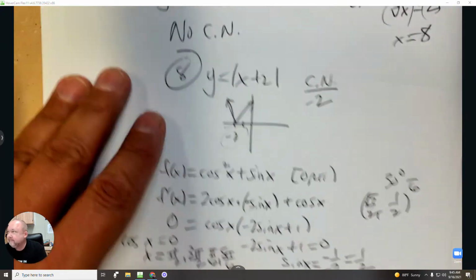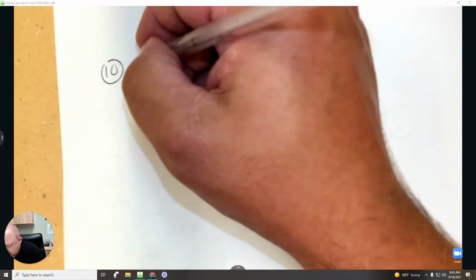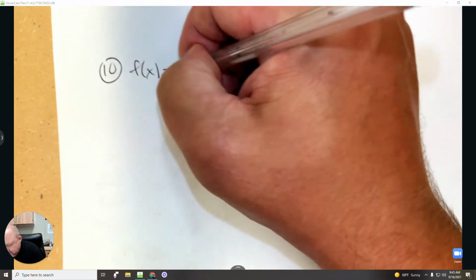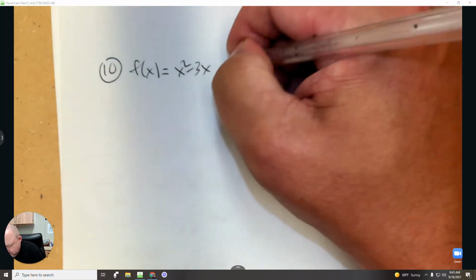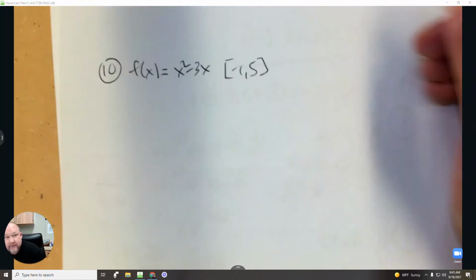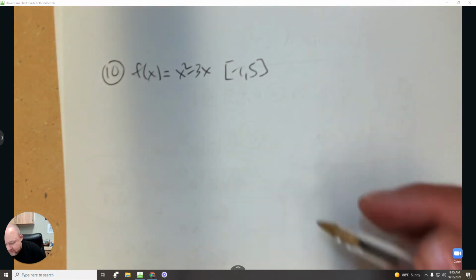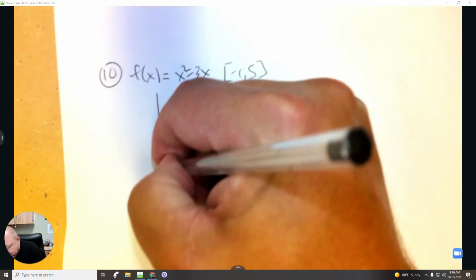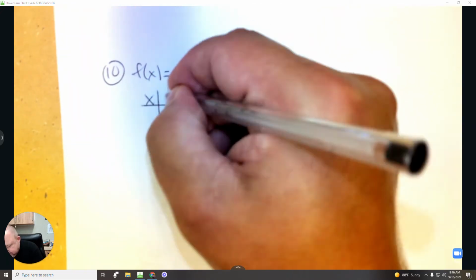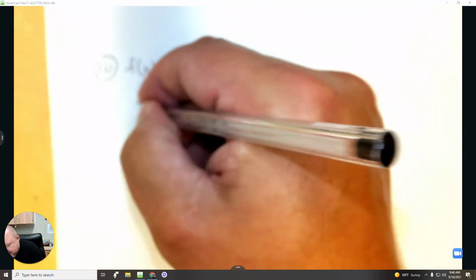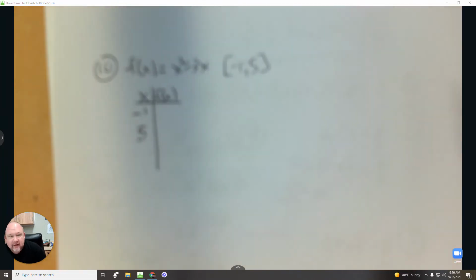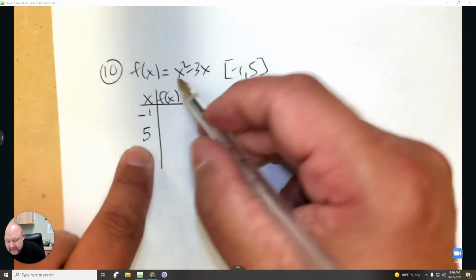Number 10. Without a calculator, it says to find the absolute maximum or minimum and show organized work using the candidate test. Sometimes we do a table of values to organize it. So for the end values, I'm going to plug in for a table of values and then evaluate.